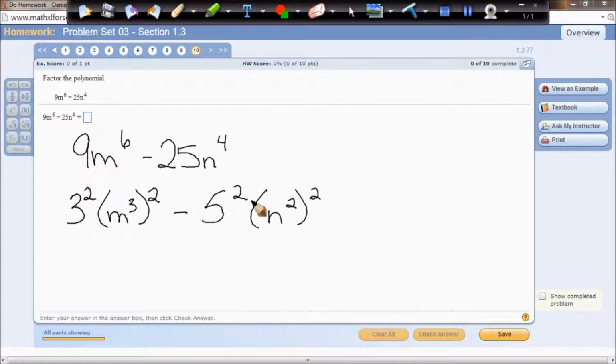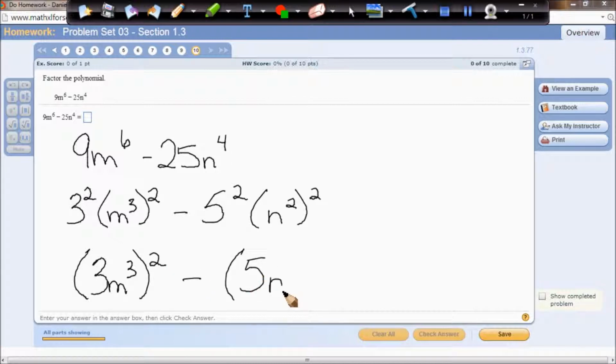So it's a little bit of deconstruction, maybe not the most obvious thing, but we know we're trying to aim for a difference of squares, so if there's a way to write it as a square, that's what we want to do. And there is a way. So we have 3m cubed squared, because this is squared and this is squared, so we can write them together squared, minus 5n squared squared. Same thing.